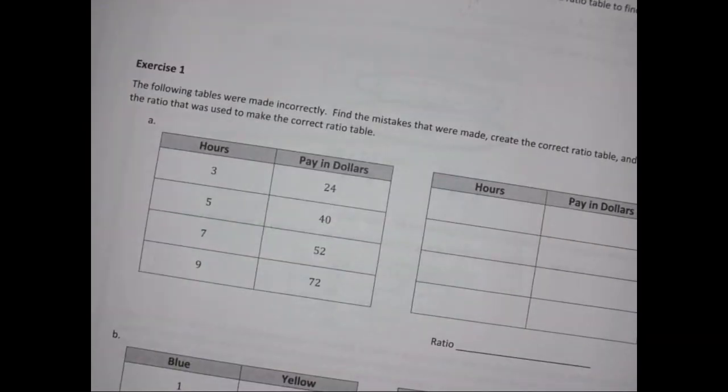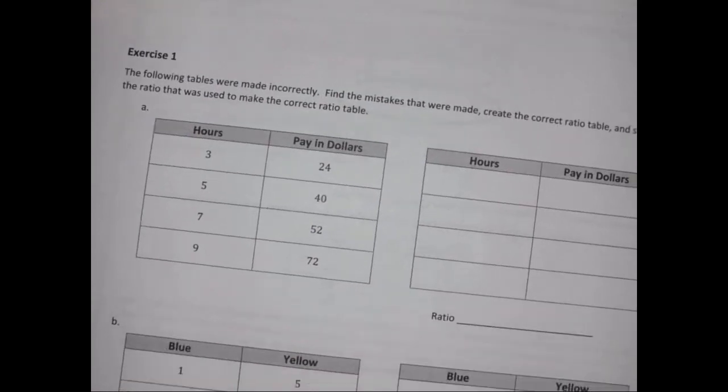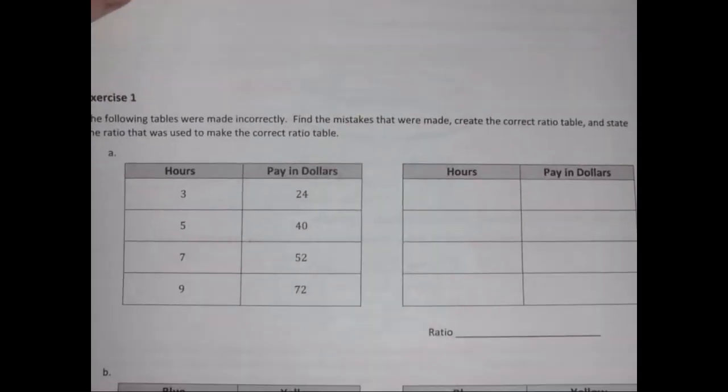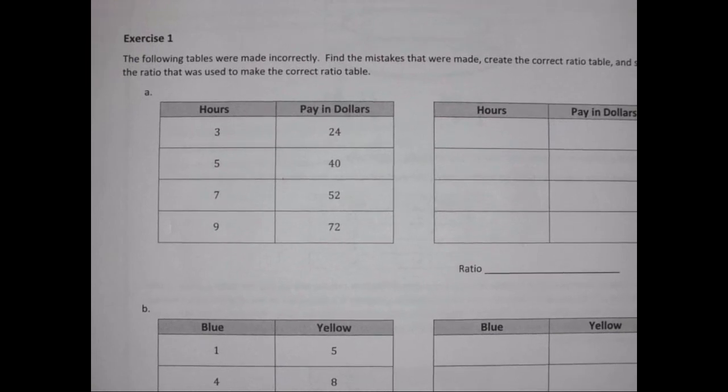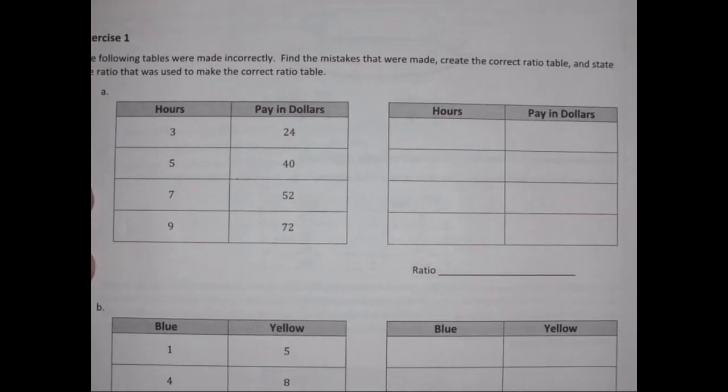Okay, so look at exercise 1 on page 45. The following tables were made incorrectly. Find the mistakes that were made, create the correct ratio table, and state the ratio that was used to make the correct ratio table.